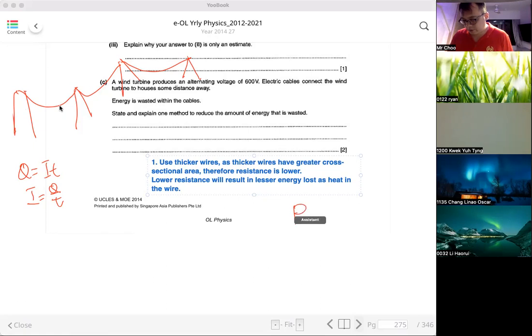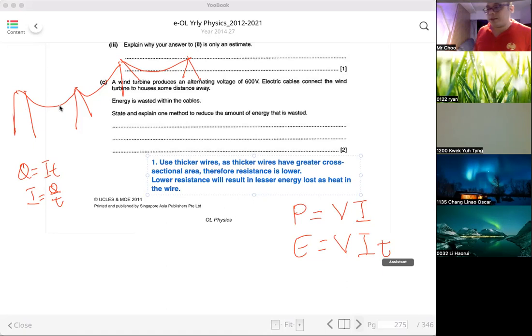You also learned that power is equal to VI, or energy is equal to VIT. The electrical power supplied from one end to the other end will always have a constant power.